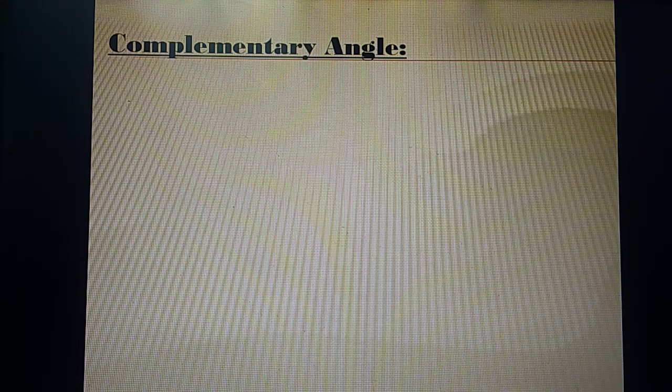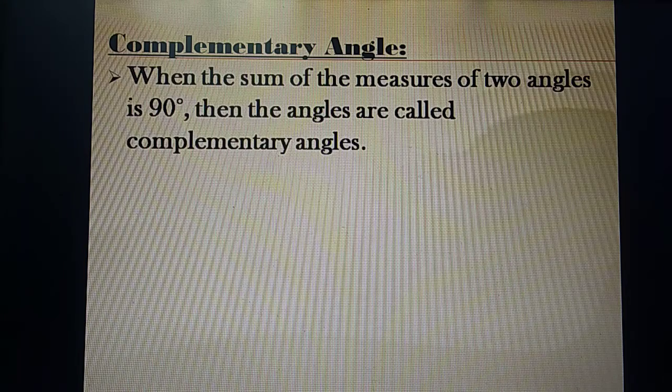Whenever a pair of angles is given to you, if after adding them the sum is 90 degree, then the angles are treated as complementary angles. So the sentence is, when the sum of the measures of two angles is 90 degree, then the angles are called complementary angles.